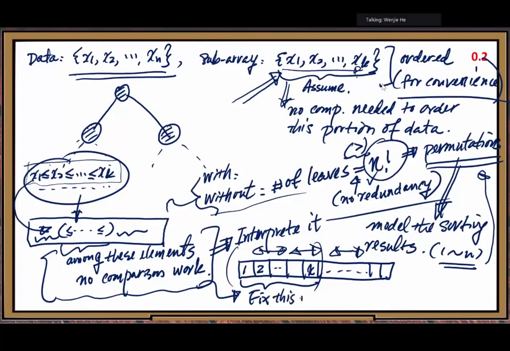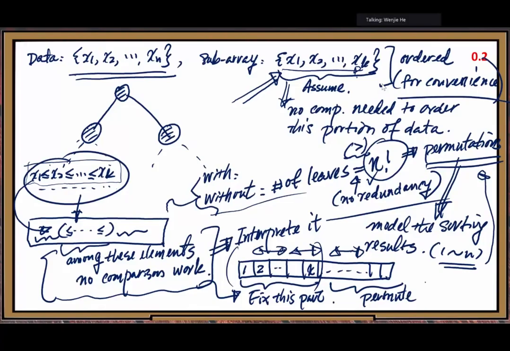The remaining elements we can permute. We are only allowed to do the remaining permutations.